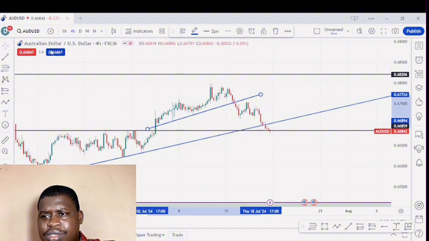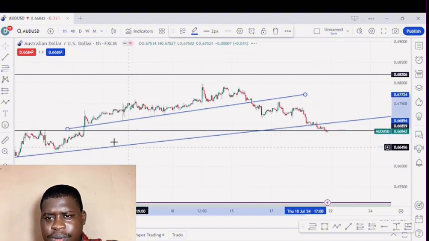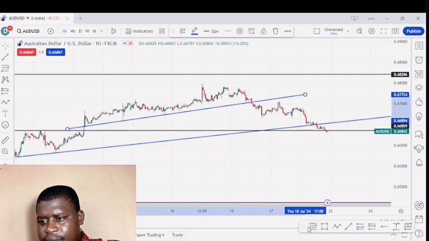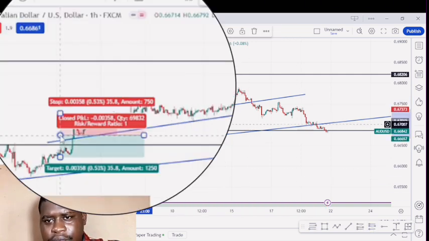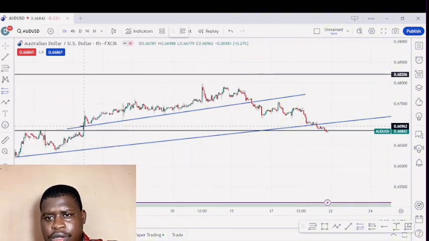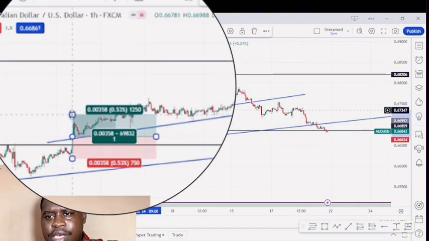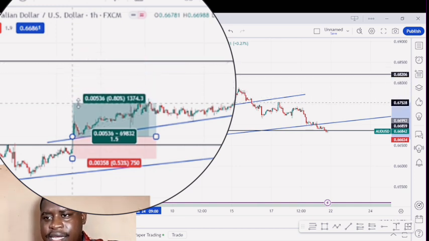Wait, let me go back to the 1 hour time frame. Yes. I caught the move from here. Oh, excuse me, I should use the long position tool. From here, the entire move was here, but I ended up closing my position here.